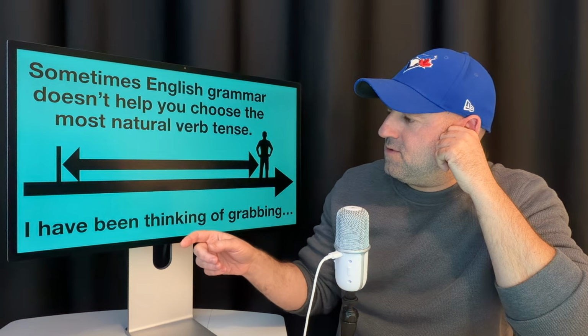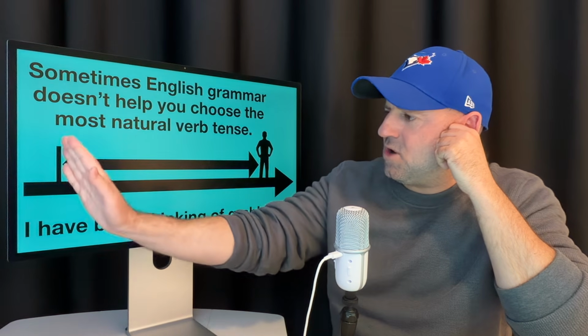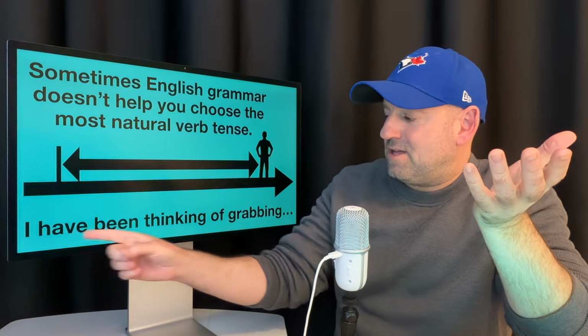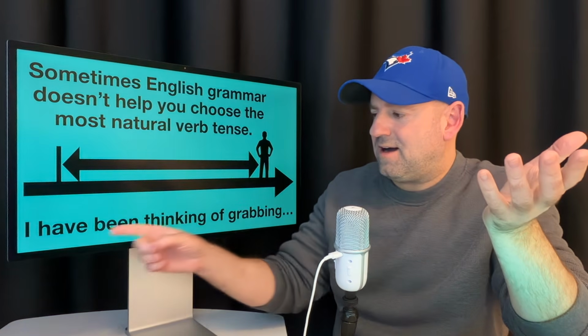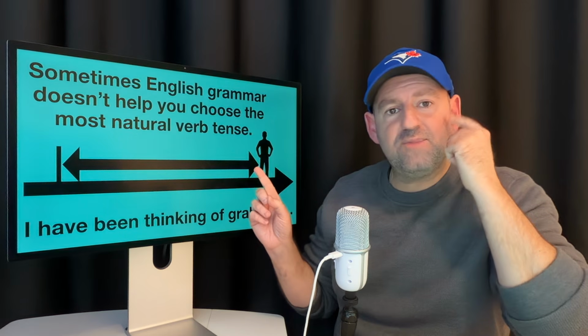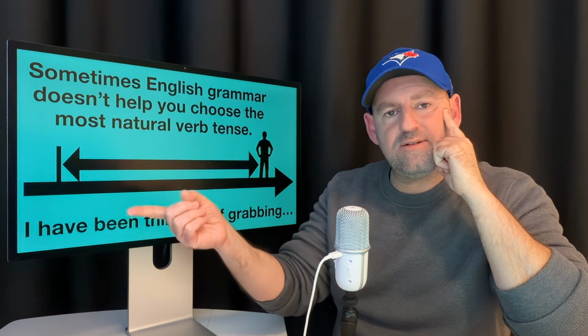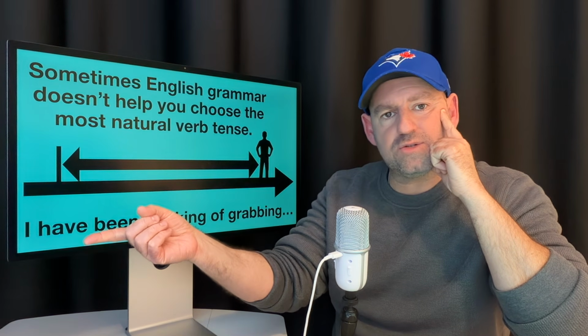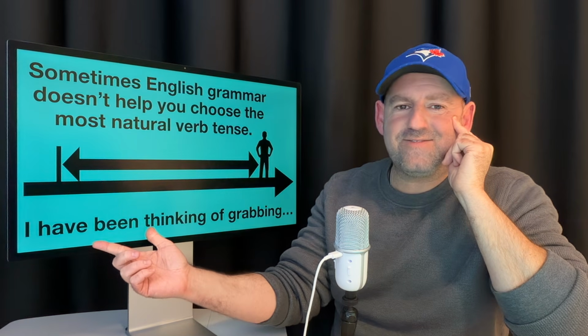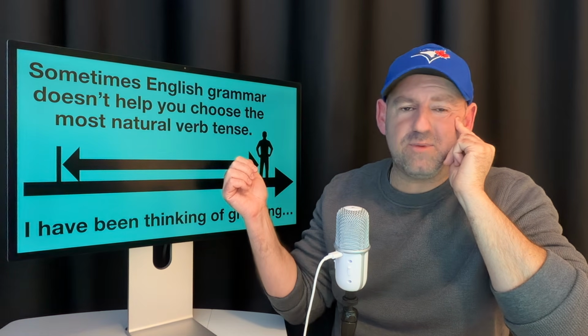So, you know, if we take a look at this, it started in the past. It should work here. I have been thinking of grabbing a samosa, right? I've been thinking of grabbing a samosa at the restaurant next door. The problem with this verb tense is we don't use it in this kind of thing with the samosa.